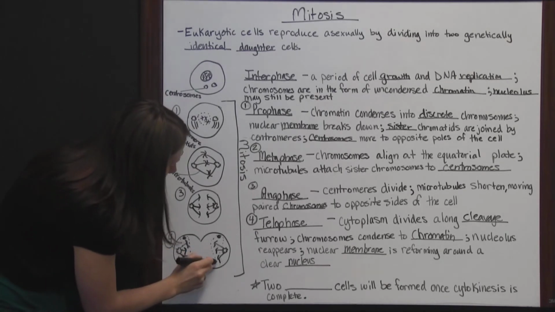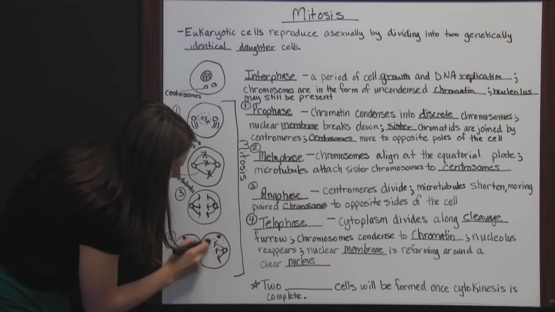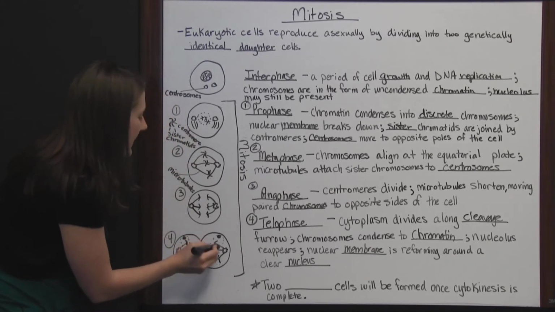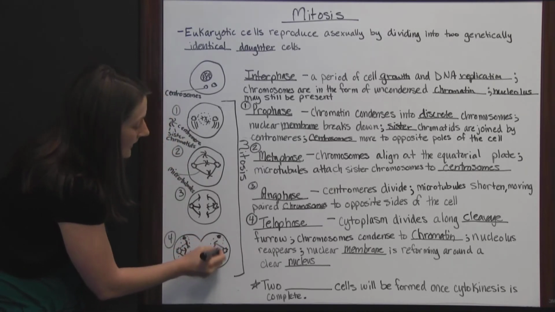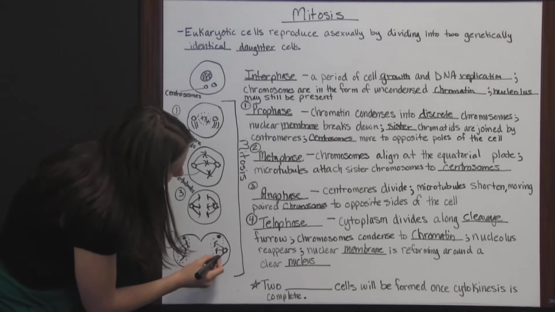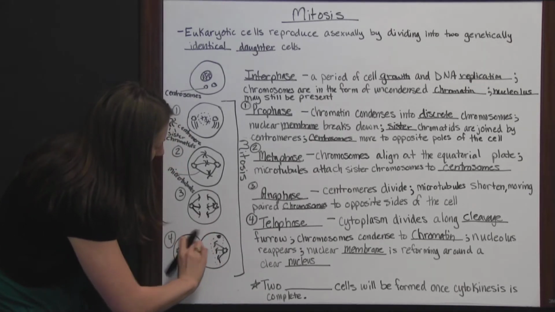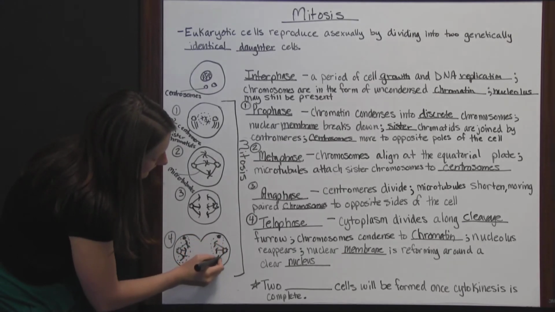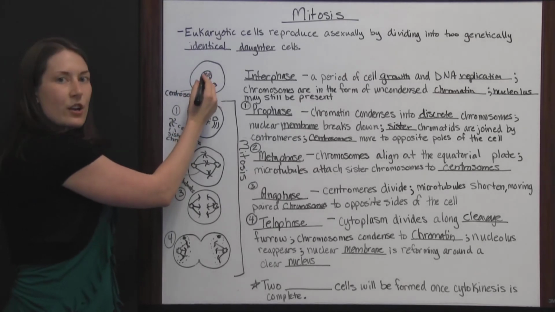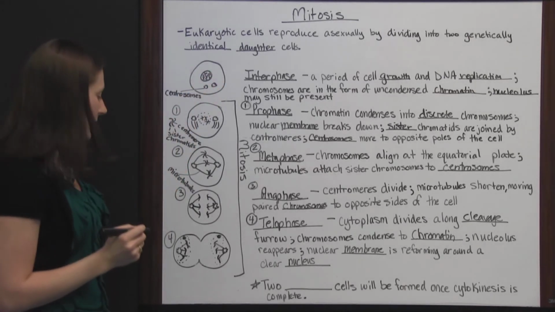So you see the nuclear membrane is forming around where your condensing or your uncondensing chromosomes are, and your nucleolus has reappeared. So once these cells split off, then this is going to be a nucleus again that looks much like this, with the uncondensed chromatin and the nucleolus in the center.